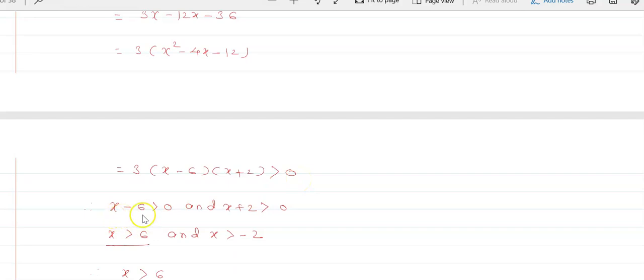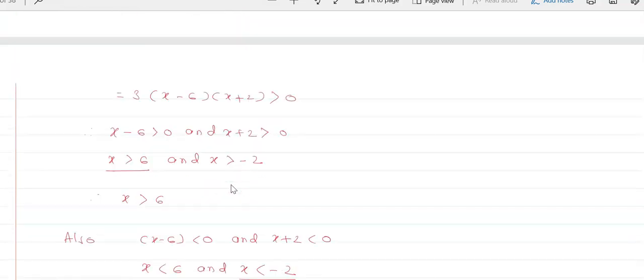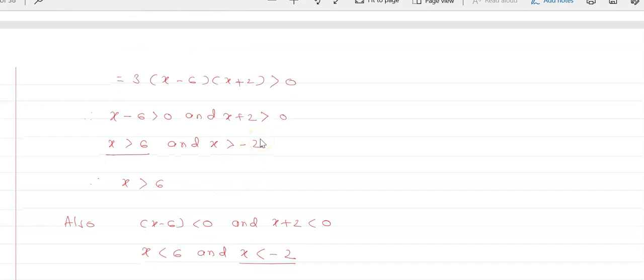Now here x minus 6 and x plus 2 are the conditions, strictly greater than 0. Therefore x is greater than 6 and x is greater than minus 2. It's greater than 6.